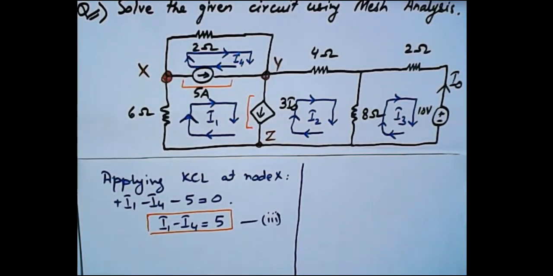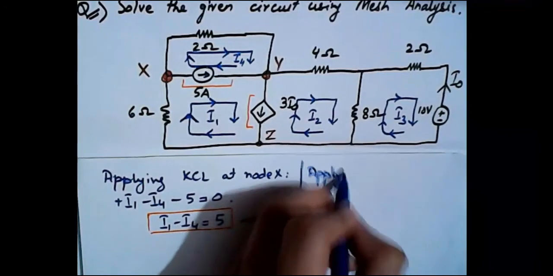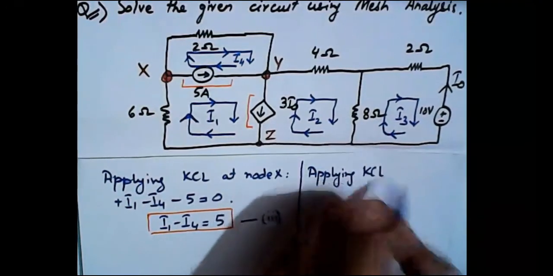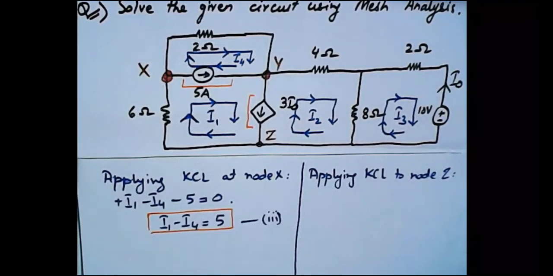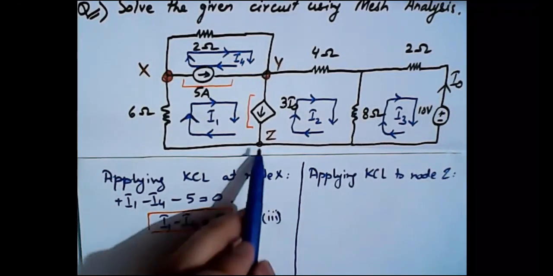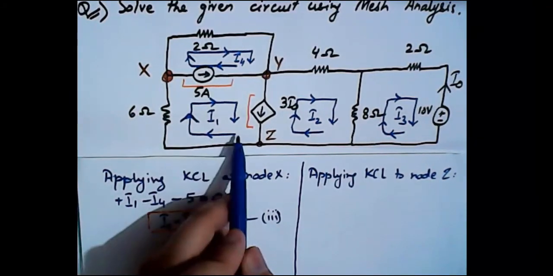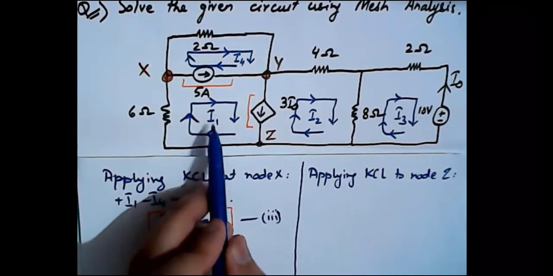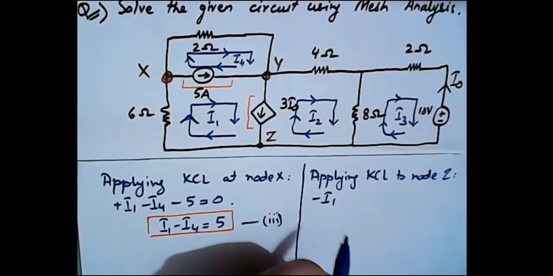And the next step is to apply KCL to node Z, right? Now when you are applying KCL to node Z, again you need to check that one current is leaving this node, and the value of the leaving current is I1, and since it is leaving, its sign will be negative.